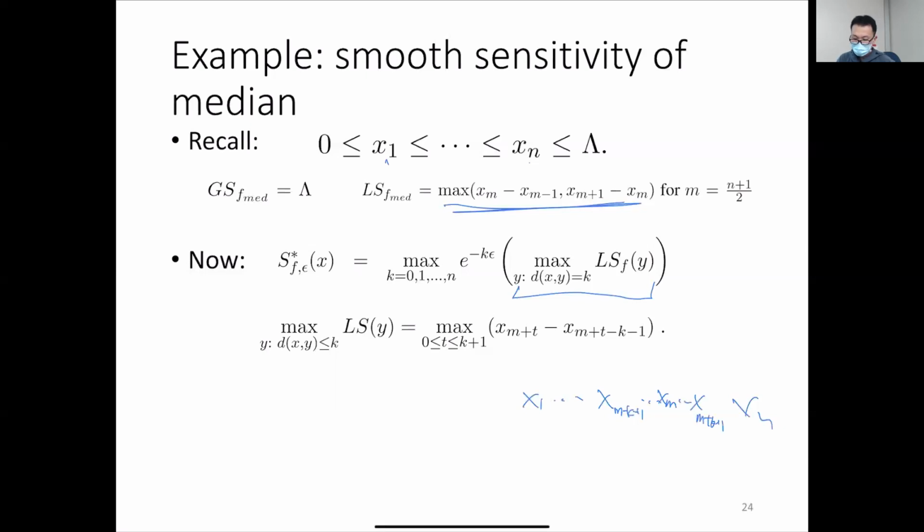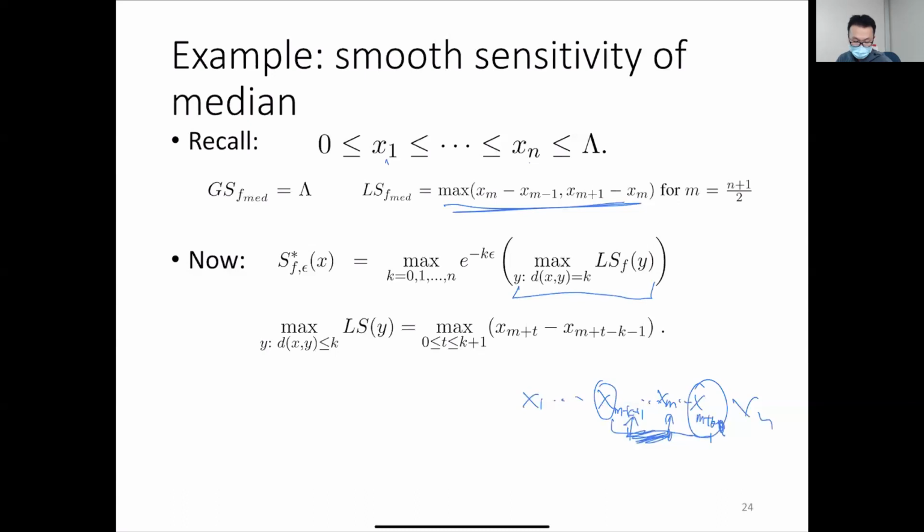So basically all we can hope to modify is one contiguous sequence that's between m minus k plus 1 to m plus k, because anything that's outside this boundary is outside of our reach, and we cannot hope, by just modifying k data points, to modify the median such that they're larger or smaller than this or that.